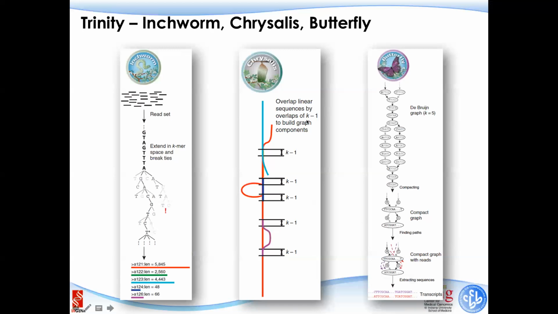Then the second process overlaps linear sequences by k-1 mer overlaps to build the graph components. Imagine that no two contigs can have a k-length overlap, because once constructed, all the k-mers are eliminated from the pool.